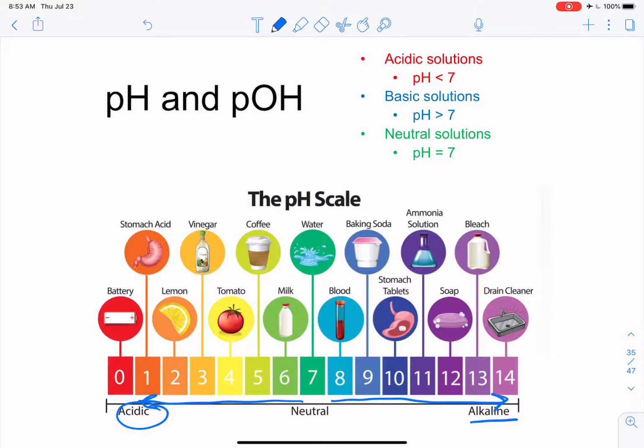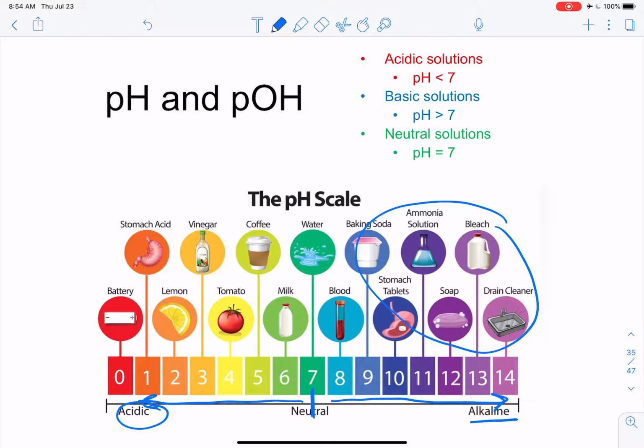And neutral solutions have a pH that is about 7. And if you have a professor that's a super stickler, they'll say exactly 7. But if you have a pH that's 7.01, it's pretty neutral.